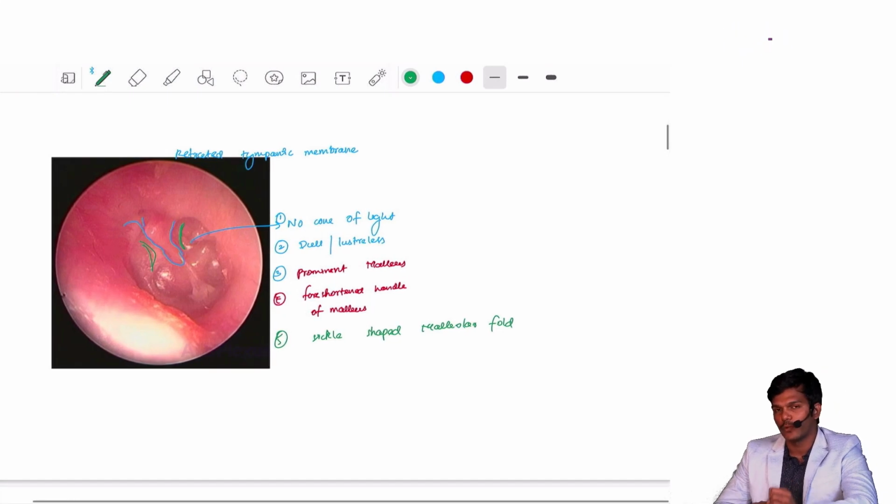These are the signs of a retracted tympanic membrane.